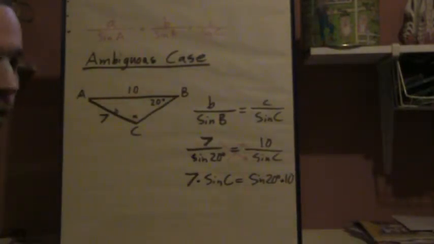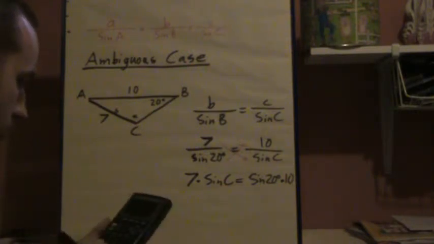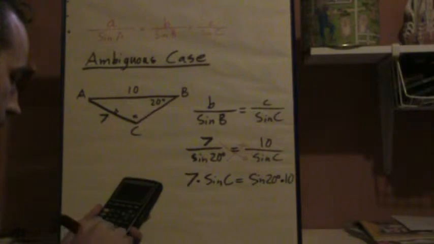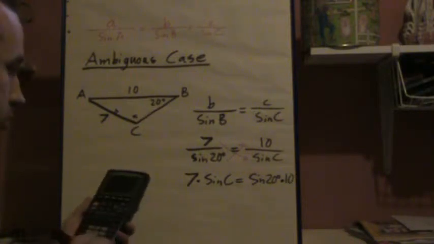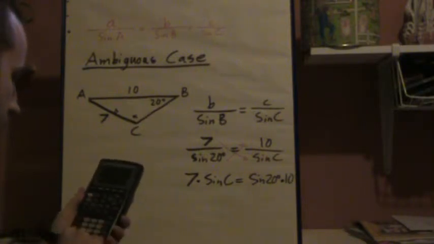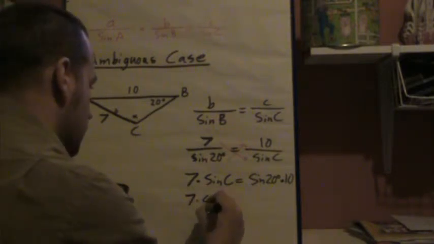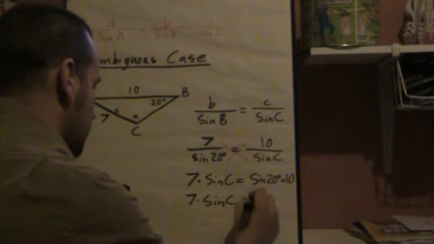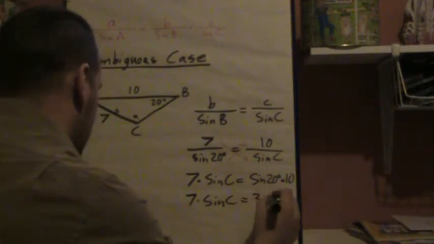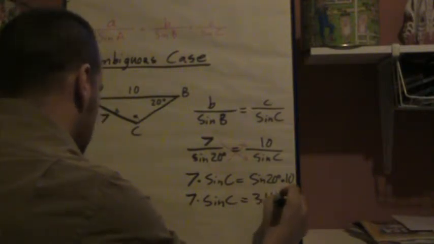You actually multiply out the right-hand side, so in your calculator you're going to do the sine of 20, and on the TIs, remember to close your bracket, multiply by 10, and you get that 7 times the sine of C is equal to 3.420.